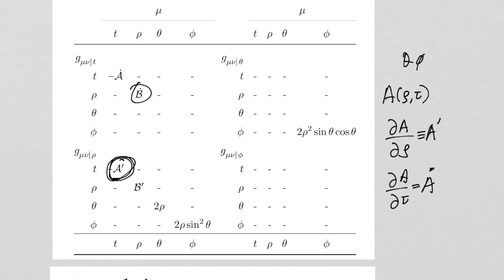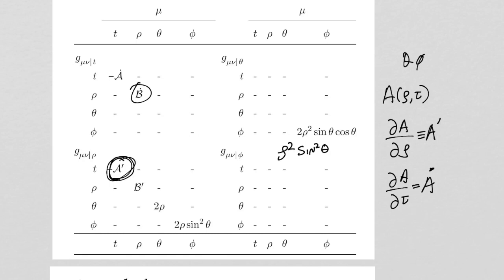So, for example, g mu nu with respect to theta. This entry here, the way this chart is designed, should be g phi phi differentiated with respect to theta. Well, what was g phi phi? That was rho squared sine squared theta.